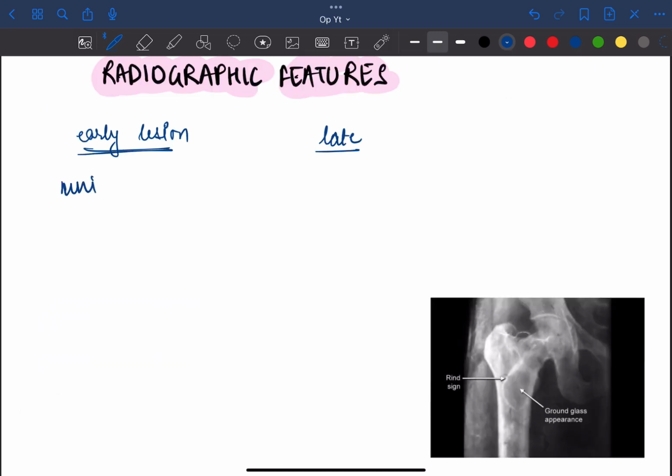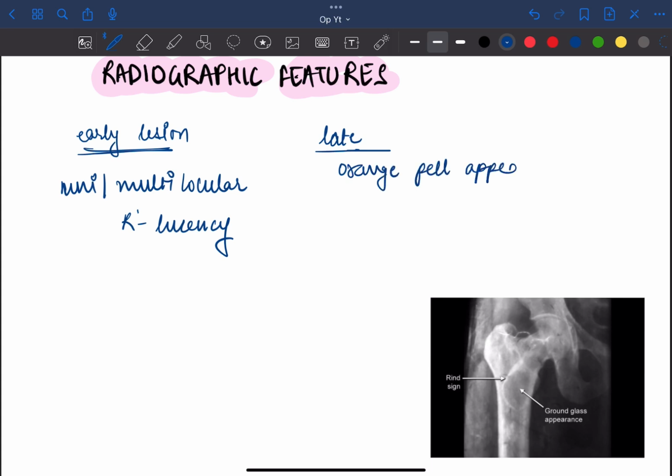Radiographic features. So early lesion shows uni or multilocular radiolucency. And in later stages, we can see orange peel appearance. Now this orange peel appearance occurs because there are some spicules formation. Now spicules are basically thorns of bone.